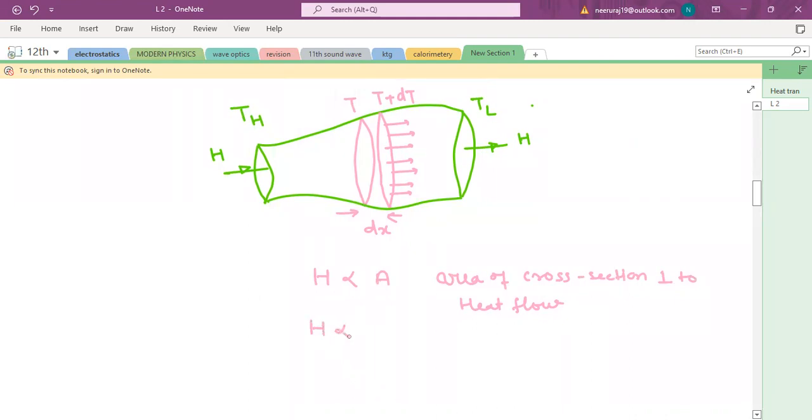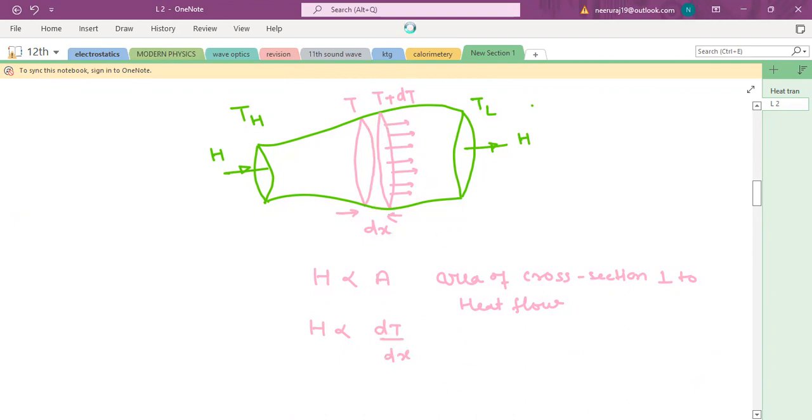Heat current is directly proportional to dT by dx. dT by dx is the temperature gradient across that length. As dT by dx is negative, there should be one minus sign.